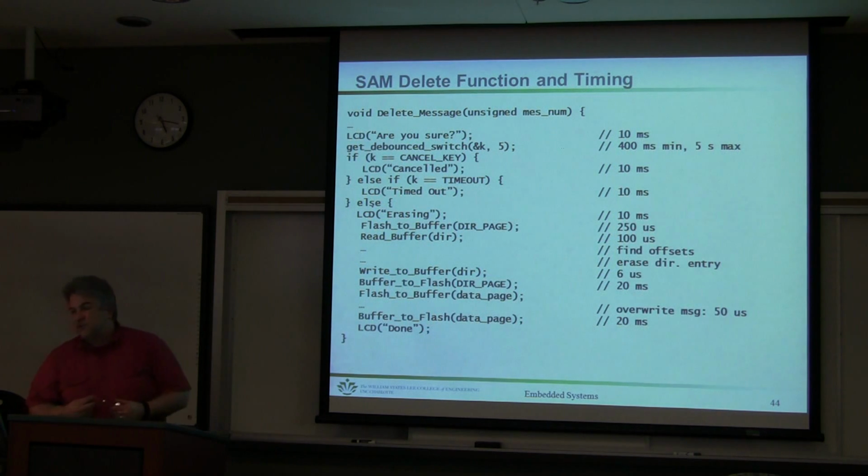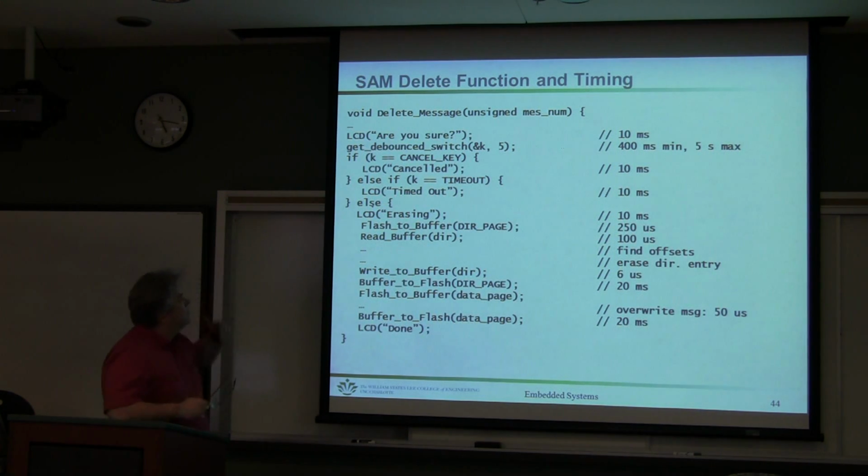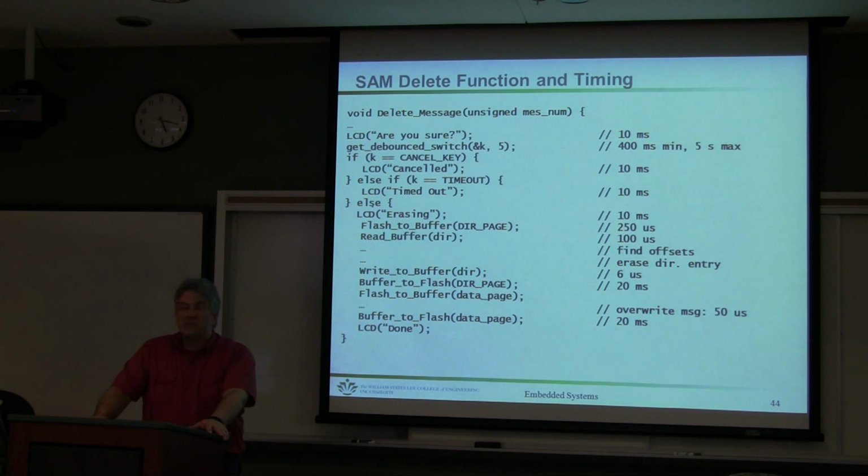So with all those applications, you can go through and say, all right, in the function called delete the message, you've identified that there's one message you would like to delete. You display on the LCD, are you sure? And it takes about 10 milliseconds for that to run. Then you need to debounce the switch, yes or no.